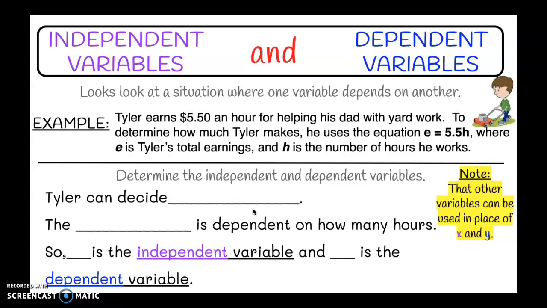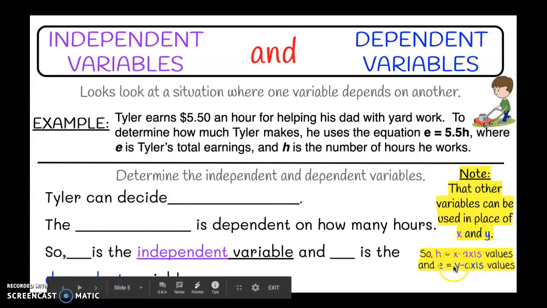Remember that other variables can be used in place of x and y. So the H, when you look up here, would be my independent variable, the thing I can change, my x value, and what I get out, my output, my dependent, would be E, the y value.